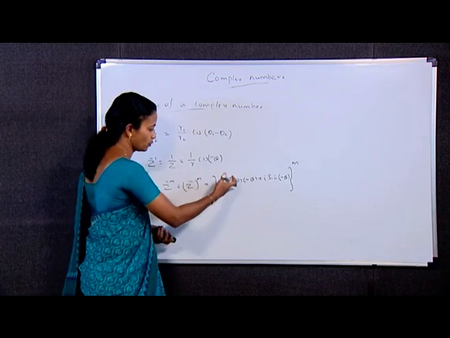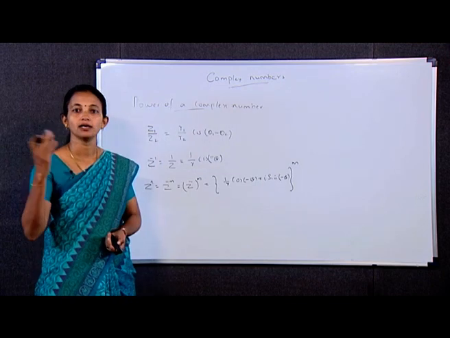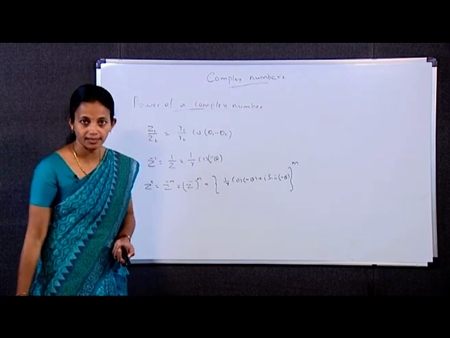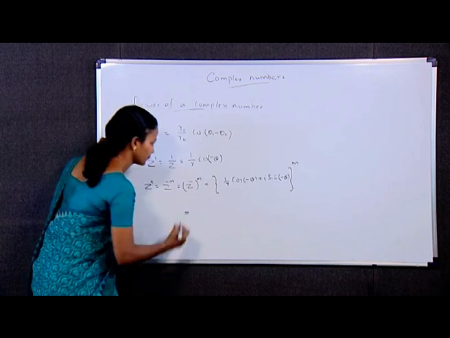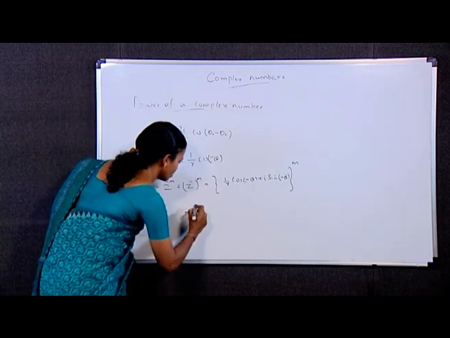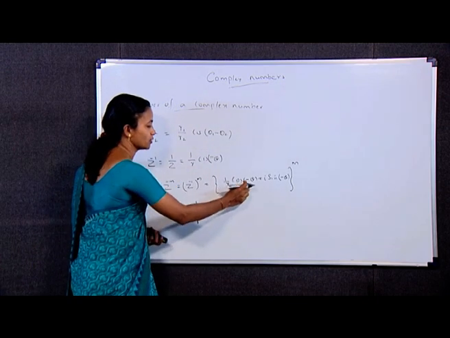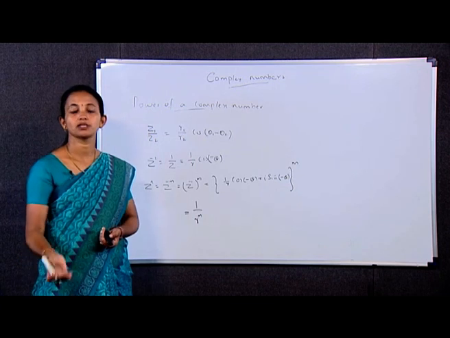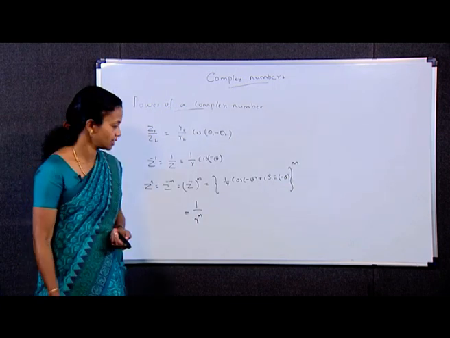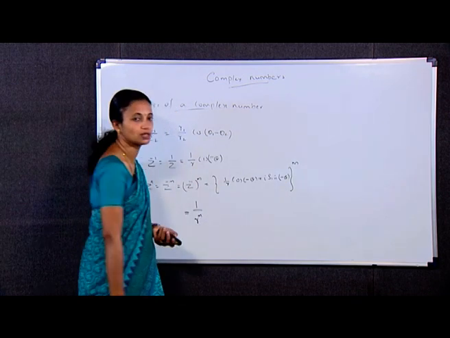So we have 1 by r (cos minus theta plus i sin minus theta) raised to m, which is equal to 1 by r whole raised to m. Using the property that (cos theta plus i sin theta) whole raised to n is equal to cos n theta plus i sin n theta, I can write this as (cos minus theta plus i sin minus theta) whole raised to m.